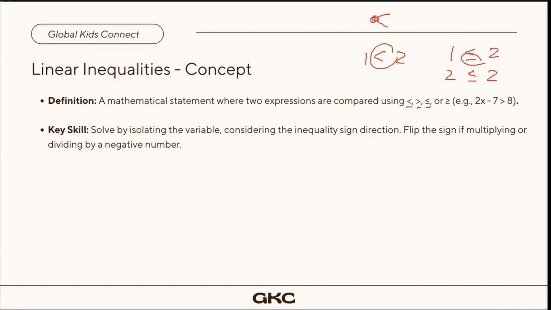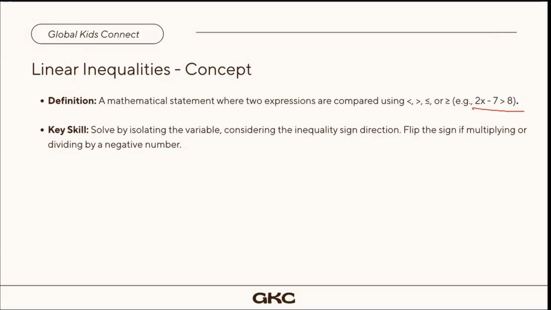Taking a look at the last one, we have the same thing but in the opposite direction: greater than or equal to. We use this when one number is greater than the other, or when two numbers are equal. Fairly simple.